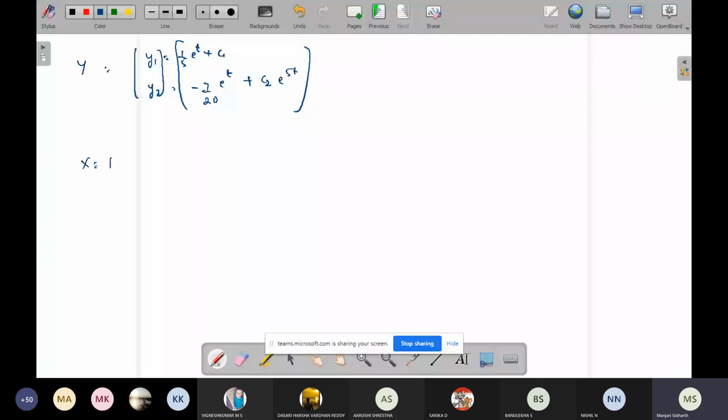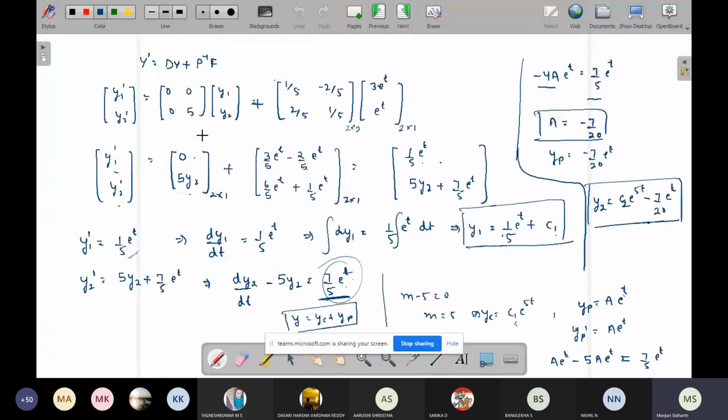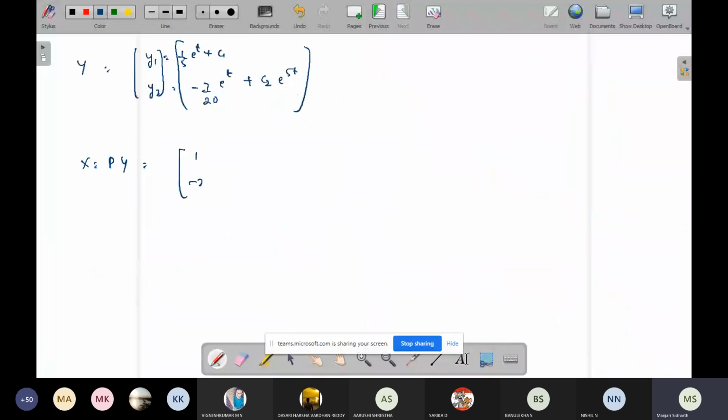Now x is equal to Py. P means the value of P was the eigenvector matrix, 1 minus 2, 2 1. The value of y is 1 by 5 e power t plus c1, minus 7 by 20 e power t plus c2 e power 5t.